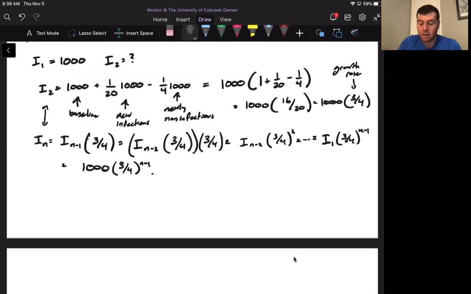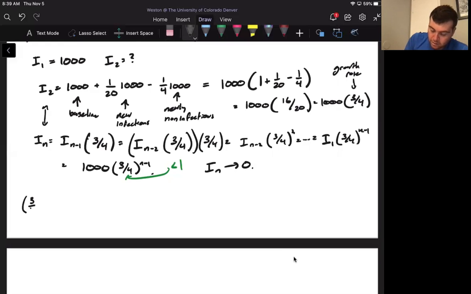Okay, now a really incredible thing happens when this number is less than 1. If that number is less than 1, our I n has behavior going to 0. And that's because when you multiply fractions together, they get smaller.